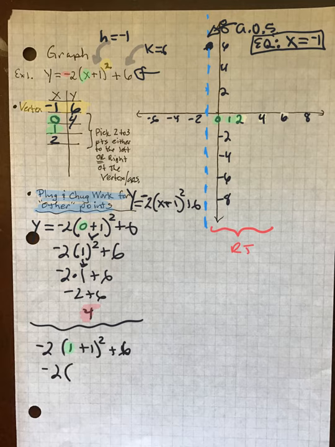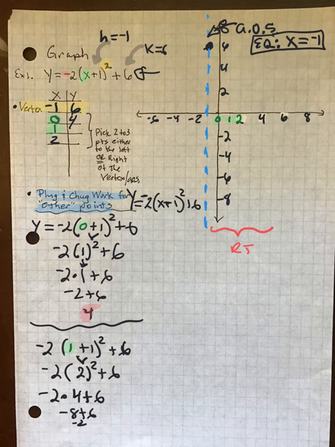And order of operations says you do what's inside the parentheses first. Then you do the exponents, then you multiply, then you add. And then we're going to plug in 2.